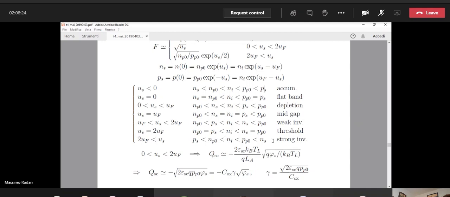So in this case, the surface is called strongly inverted. We have a condition of strong inversion of the surface because not only the electrons are more in number than the holes, but they are also more than the asymptotic concentration of the majority carriers that are the holes. So we stop and we shall resume in 10 minutes.